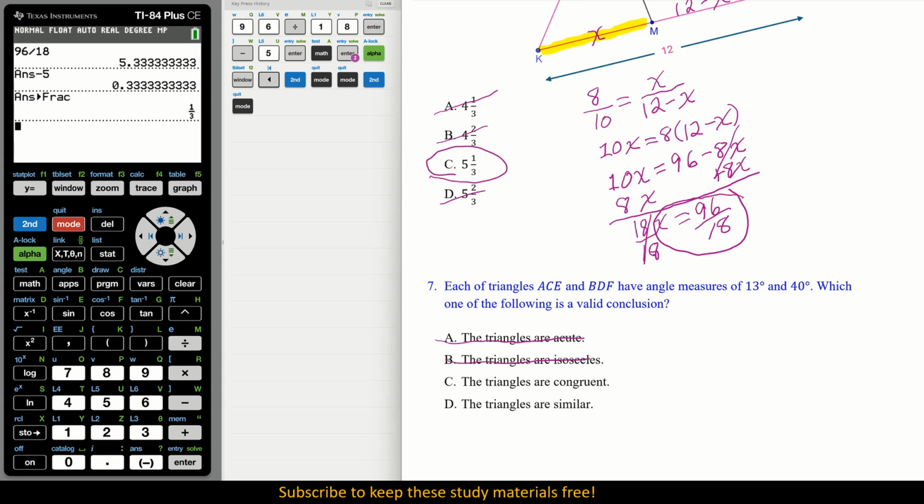So no, that's not going to work. The triangles are congruent. No, that's not true because the lengths could vary even though they had the same angle measures. So they could be similar. Oh, and guess what? That's option D.